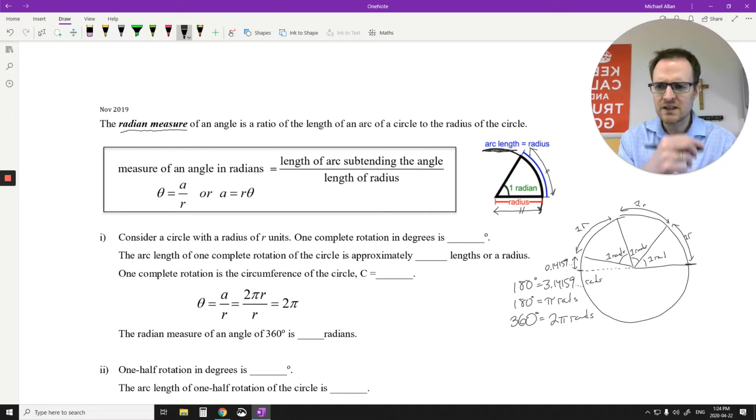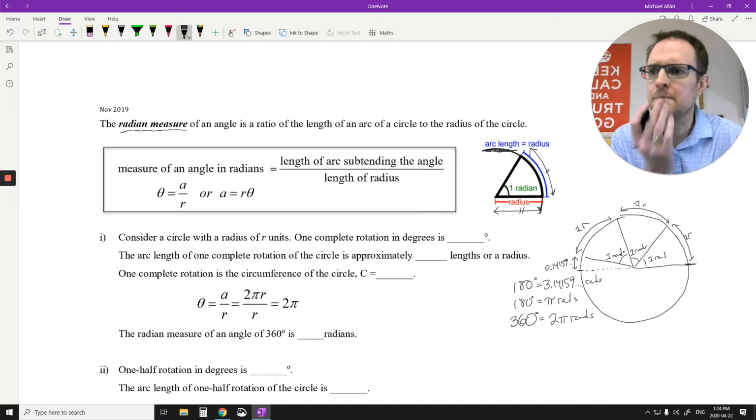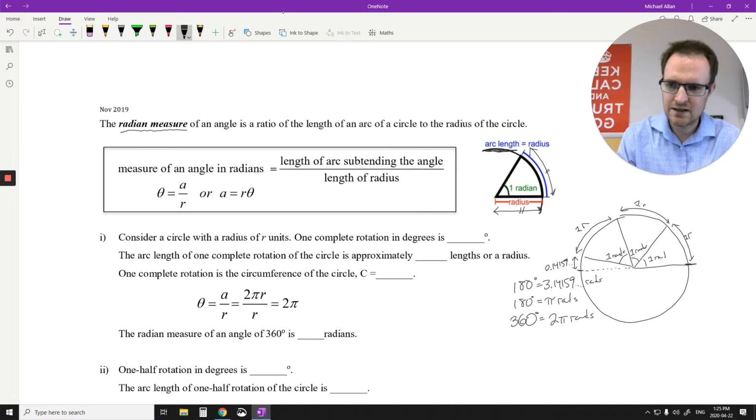Okay? This also gets us to a formula, where we can use this ratio. If I know the radius of the circle, and I know how many rads it is, then I would know how long the outside, or the circumference, of my circle is. If you look at this here, this is the radius, right?